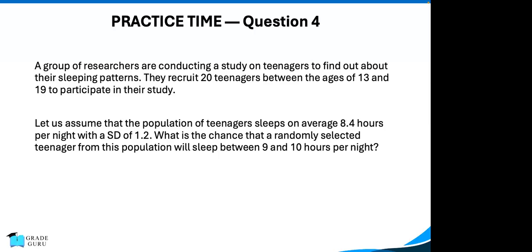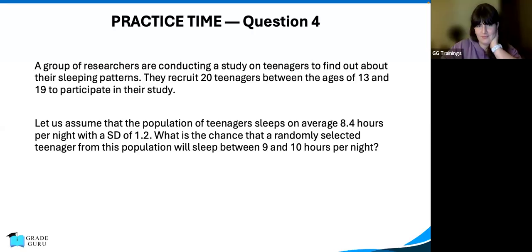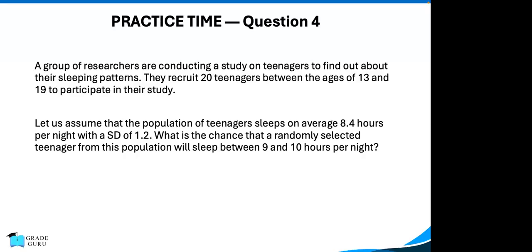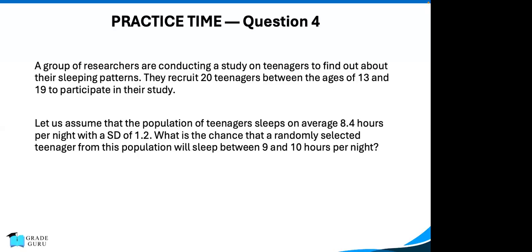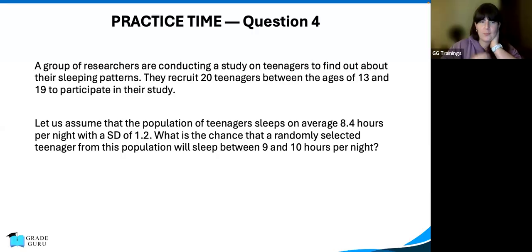I think it's one of the first ones, so the Z transformation or the sampling distribution. Absolutely. What tells you that? It's asking for what is the chance. Exactly. And I see that there's no mention of... wait, is there a mention of sample mean?